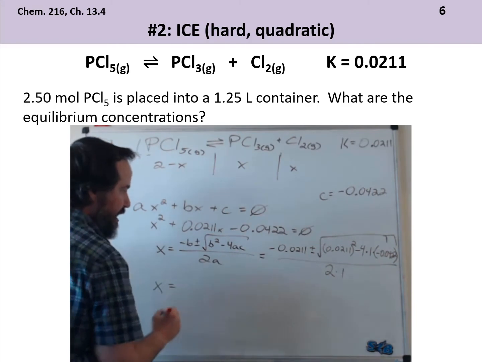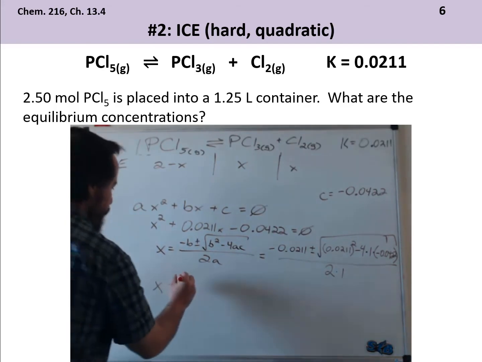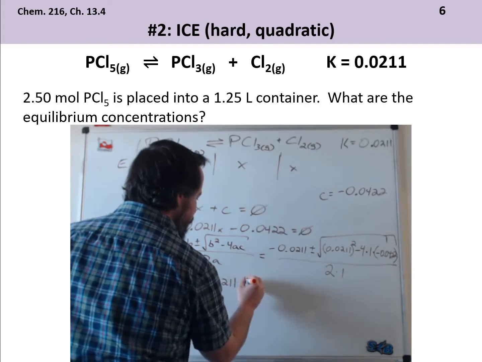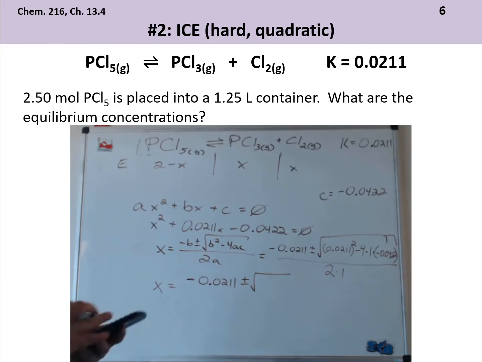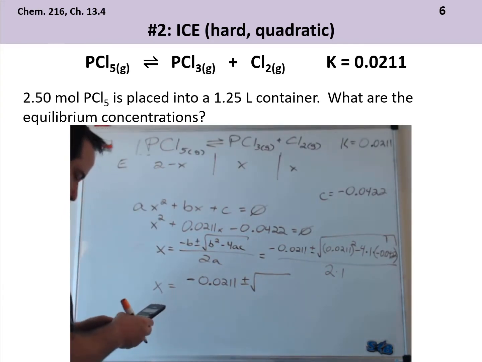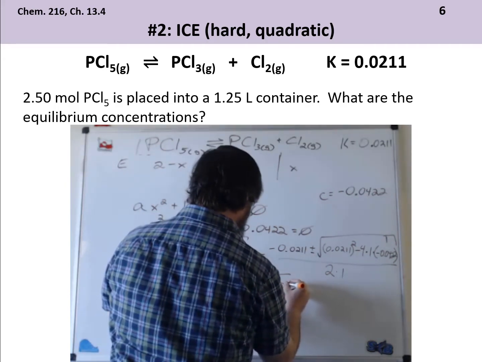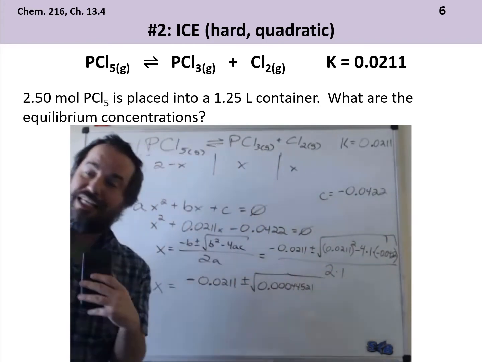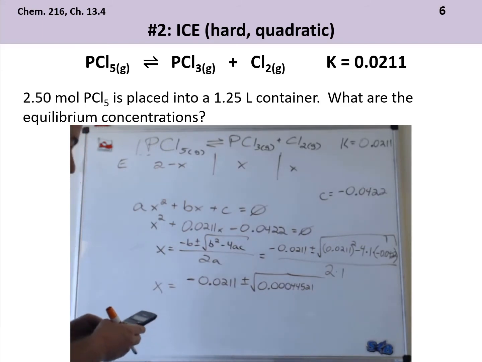That means that x equals, I did this beforehand and you'll see it on the paper, negative 0.0211 plus or minus the square root of 0.00044521. I always like to just keep some extra digits. It's a little bit of a pain, but it is what it is.